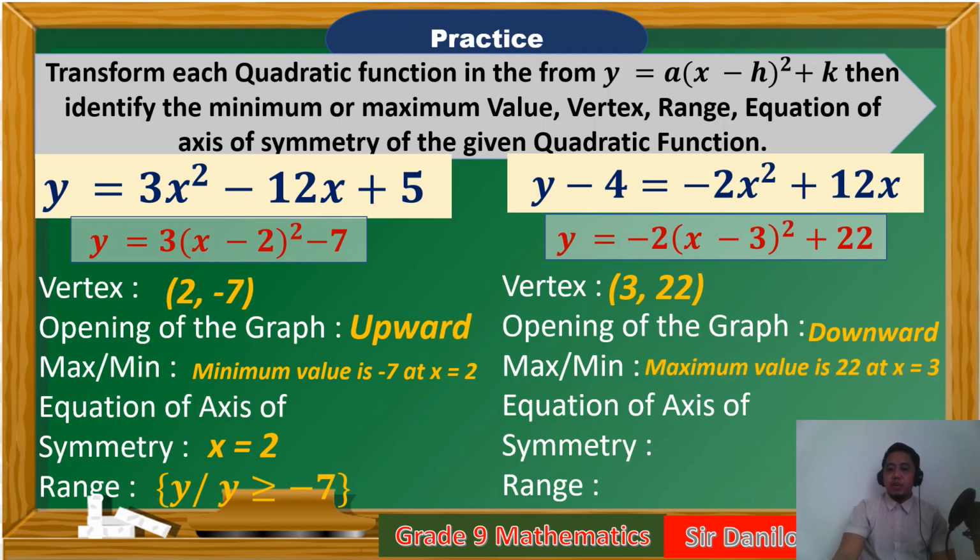Maximum value is 22 at x equals 3. Equation of axis of symmetry, x equals positive 3. Okay, then the range will be less than or equal. Y such that y is less than or equal to positive 22. Okay. Yan. So, meron pa ba?